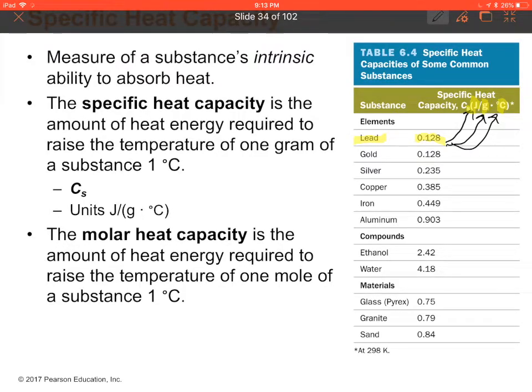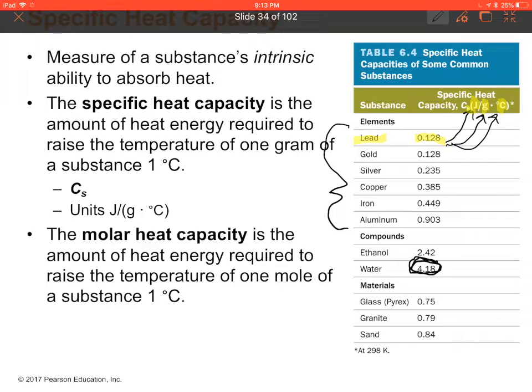Okay. Now notice that for these elements the specific heat capacity is fairly low. And that makes sense because they're all metals. Remember, metals can conduct heat very well. And so that's why the specific heat capacity is very low, because it doesn't take as much for heat to travel through it. Now, compounds, ethanol, and water, they're a little bit higher. Water is very high.